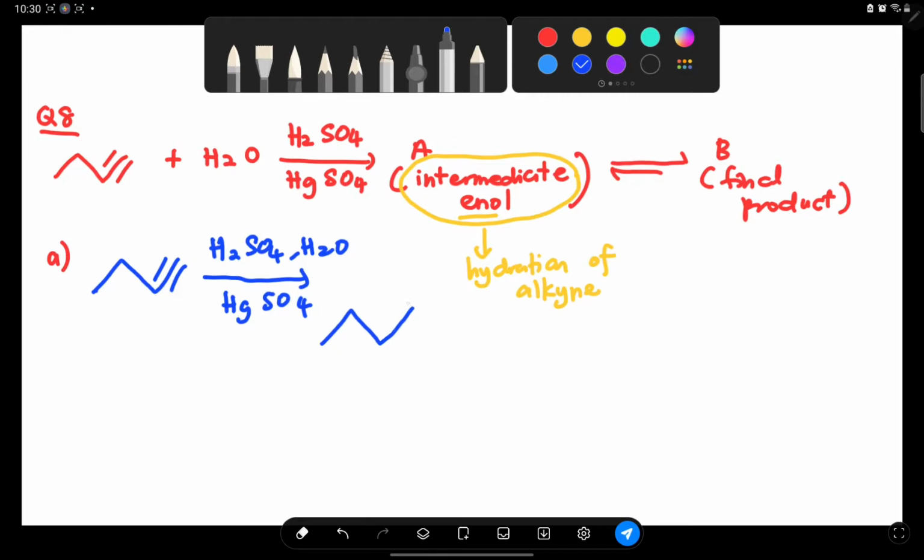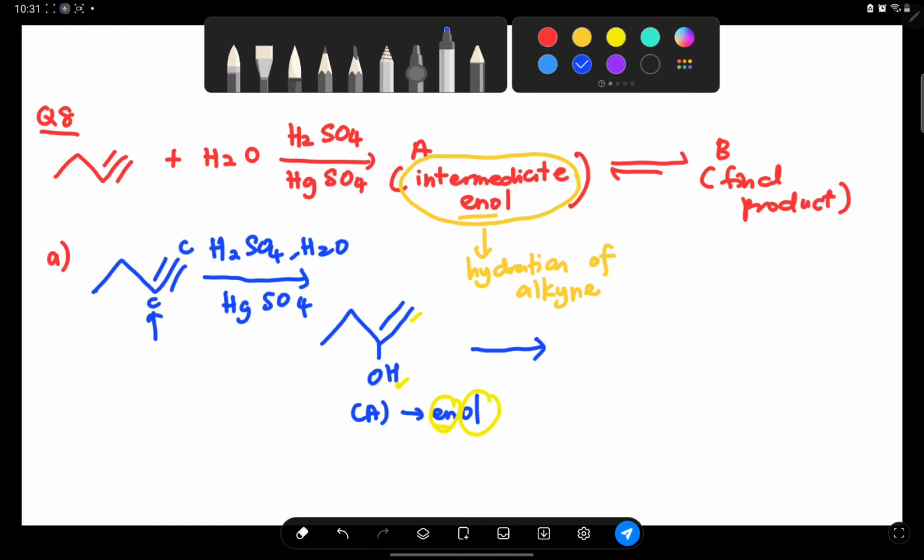So you get OH adding to the carbon of the triple bond. Make sure the carbon that you add OH to has the lowest number of hydrogens. So it will add here. Here is OH. It will become like this. Here is compound A and we call it an enol. What is an enol? An enol is the combination of a double bond and an alcohol. So we call it an enol.